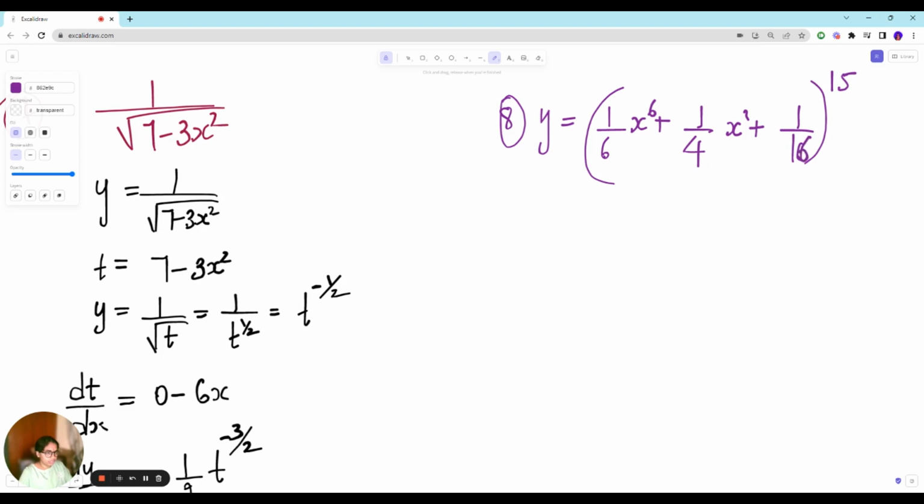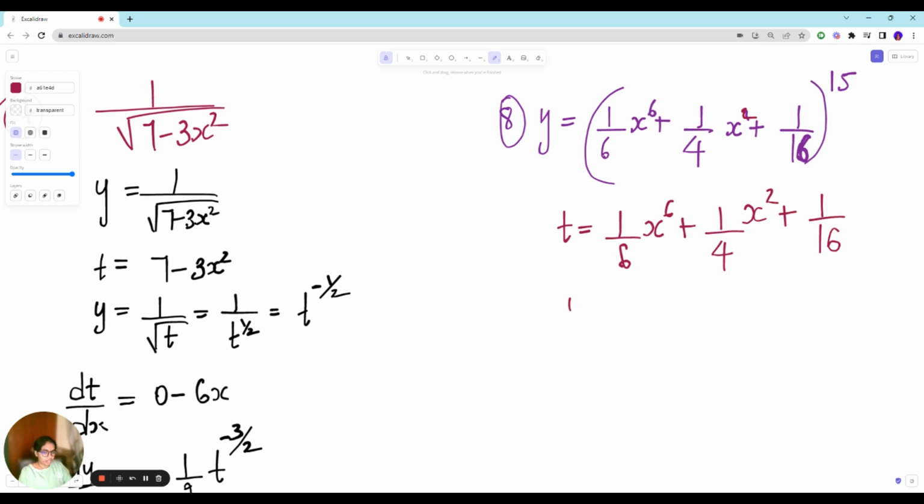So now clearly I should use chain rule. What should I substitute as t? T is equal to 1 divided by 6x to the power 6 plus 1 divided by 4 into x square plus 1 divided by 16.